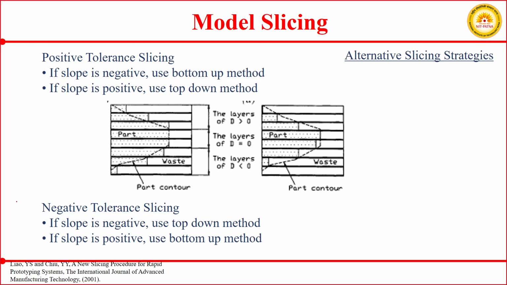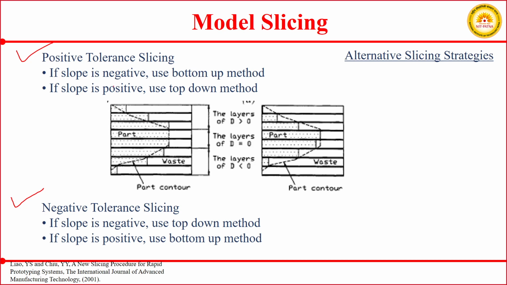There are two types of slicing approach, and by a combination of these, maybe you desire to have positive tolerances, like you may like to print oversize, but you don't want an undersize component or undersize part in your part profile.